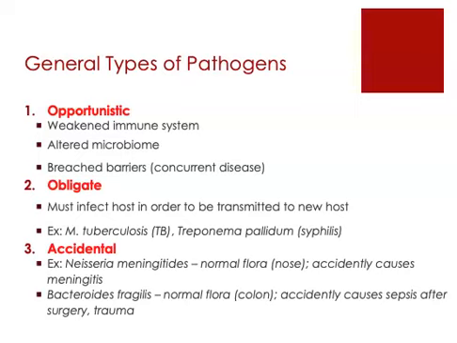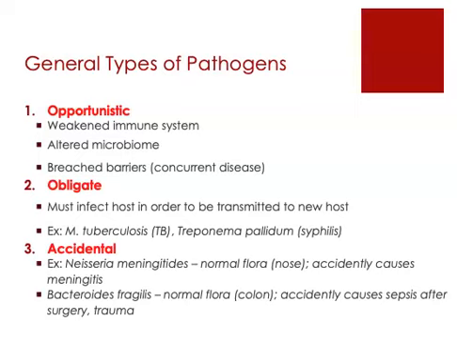These include things like a weakened immune system, an altered microbiome, and what are considered to be breached barriers. There are natural barriers to the entry of pathogens into the body and the development of disease.